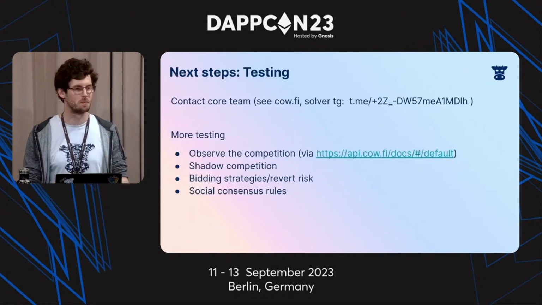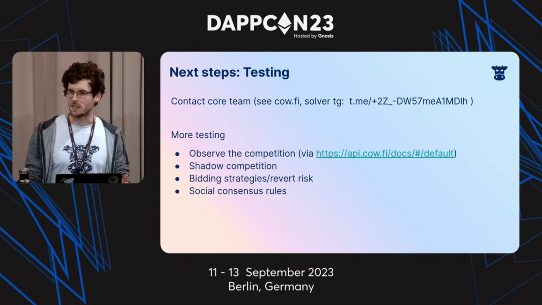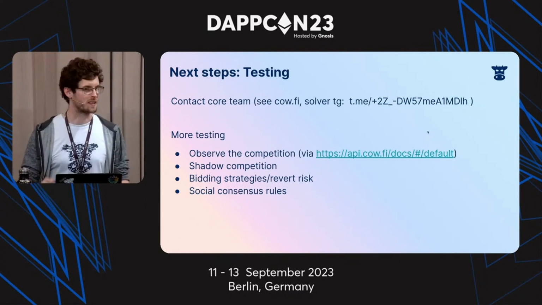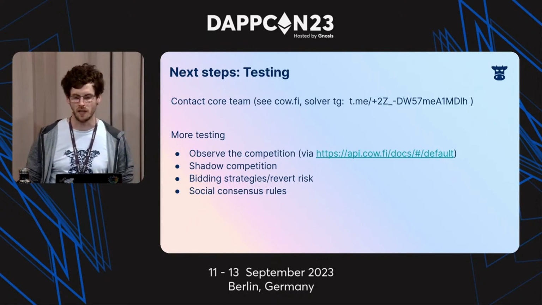But what are the next steps? What I would recommend is that the next step is to contact the core team. It's not strictly necessary, but for some of the next steps it is. So, some of the contact information is on cow.fi.